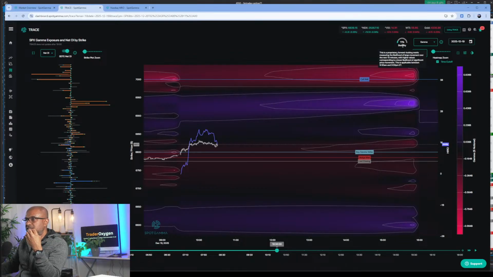So low stability means there's a chance of price being volatile, meaning a chance of a price move. And also you can see this area is slightly reddish, red, which means negative gamma, which means again a chance of volatile price.